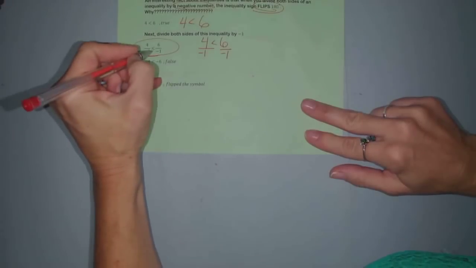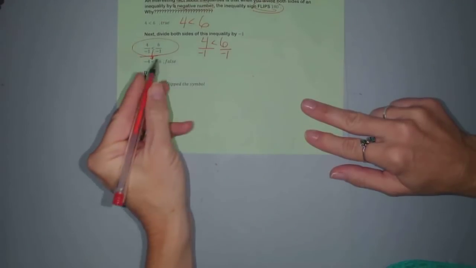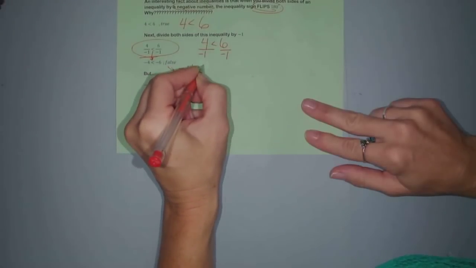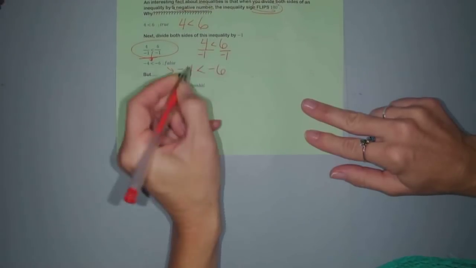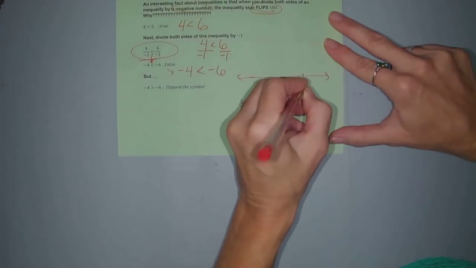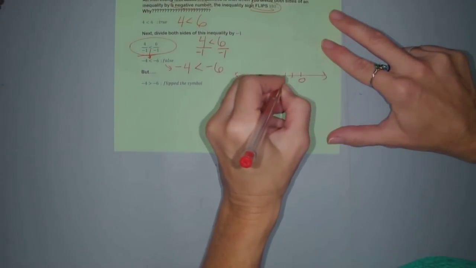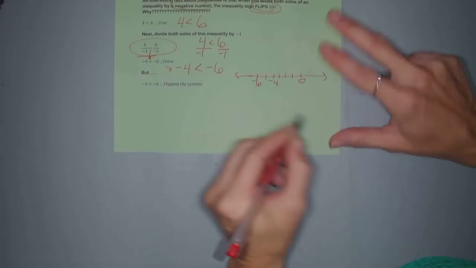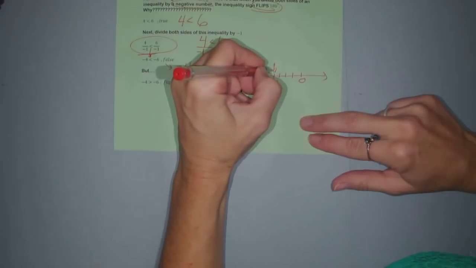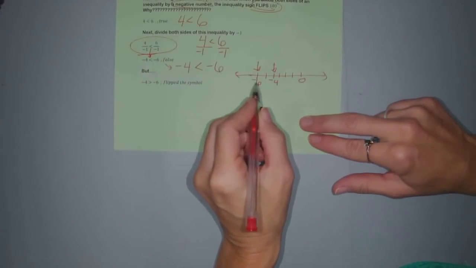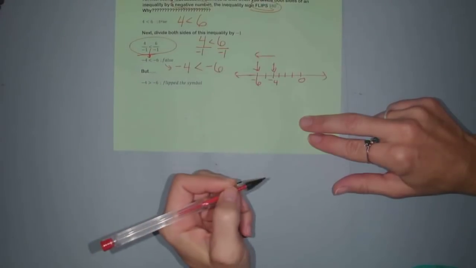And if I just bring this inequality symbol right down like we always do, I've got a statement here that says -4 is less than -6. No, it's not. Look at a number line. Here's 0. Here's -4. Look where -6 is. Is -4 less than -6? I don't think so. This is less than. Look at the direction.